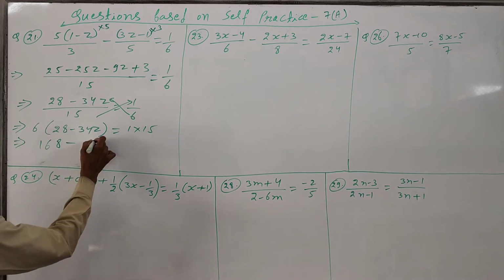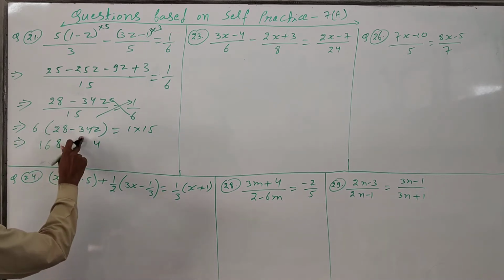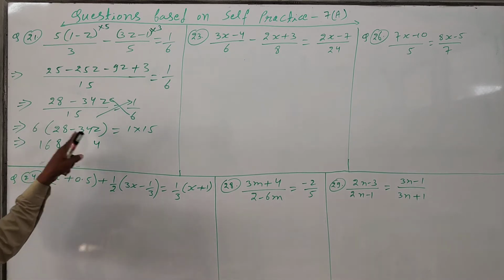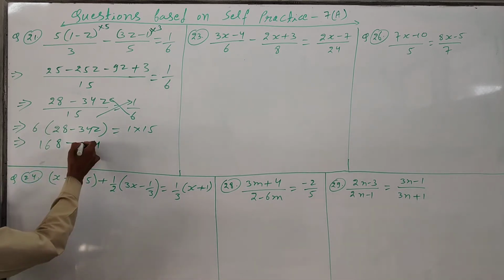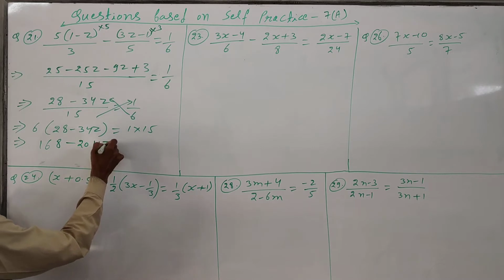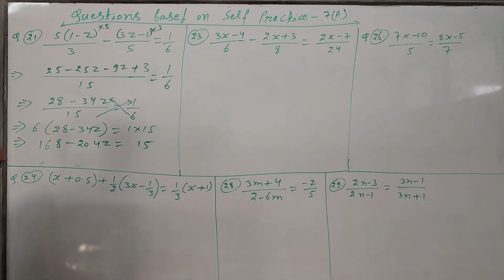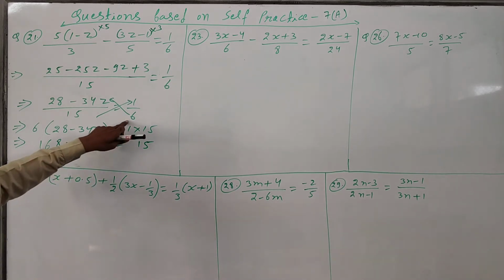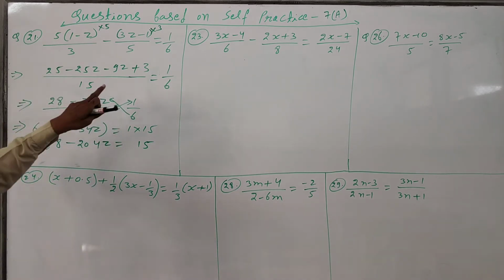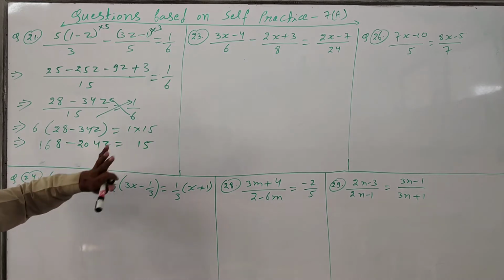Minus 6 times 34: 6 times 4 is 24, carry 2; 6 times 3 is 18, plus 2 is 20, so 204z is equal to 15. This 6 has multiplied this whole, and 15 has multiplied here.